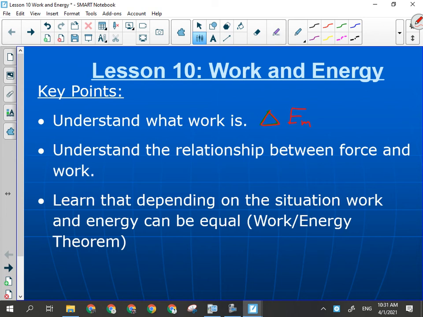All right, understand the relationship between force and work. Work is when you exert a force through a distance. Okay? So if I exert more force on an object through the same distance, I should do more or less work?